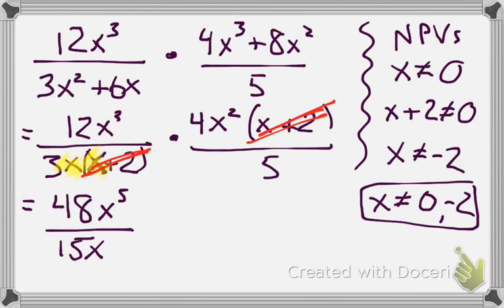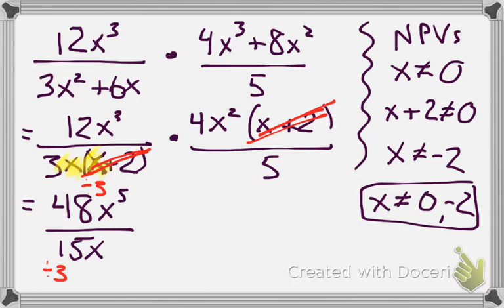Now that we're completely done our multiplying, though, we do have to finish simplifying if we want to get full marks. So if I look at this, I say, okay, 48 over 15, those can both be divided by 3.